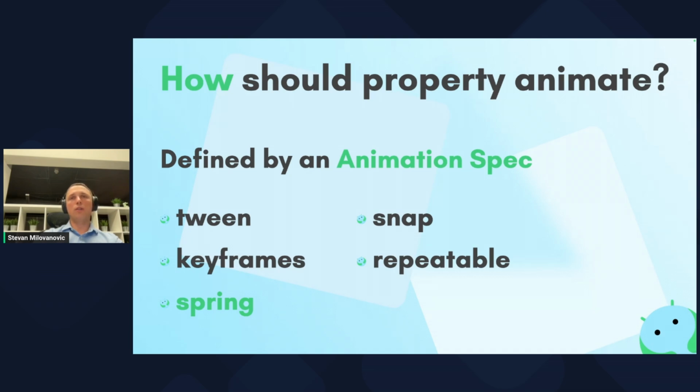And as opposed to this repeatable, there is infinite repeatable, which we already used to define infinite animation. And the last one is Spring. Spring creates a physics-based animation, and that's the default animation spec for most animations. And for example, it can handle interruptions more smoothly than duration-based animations.